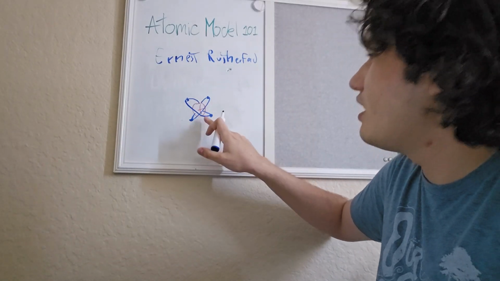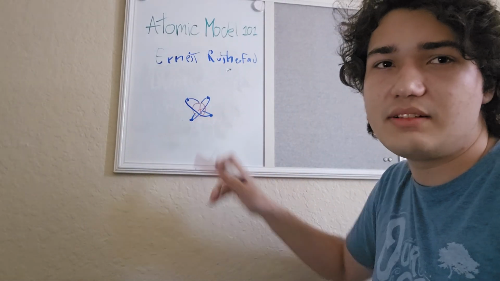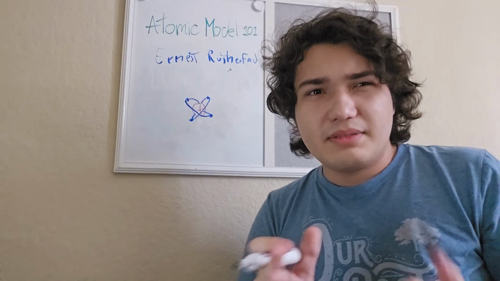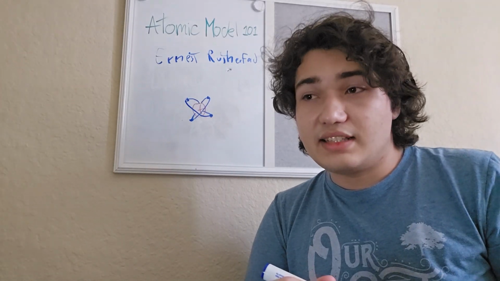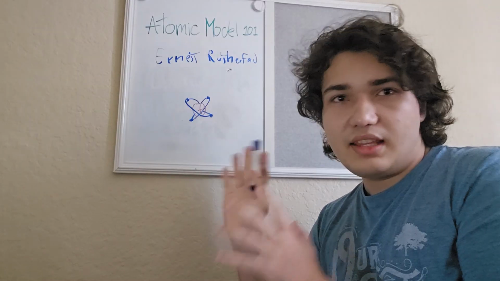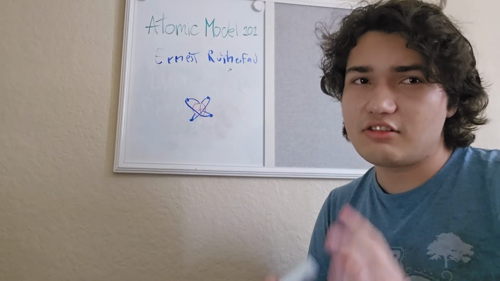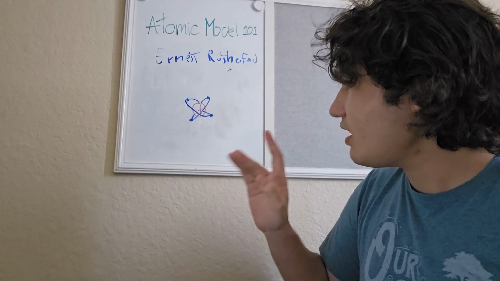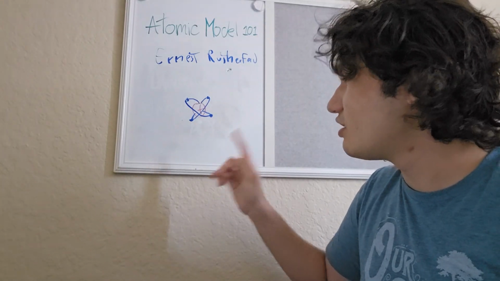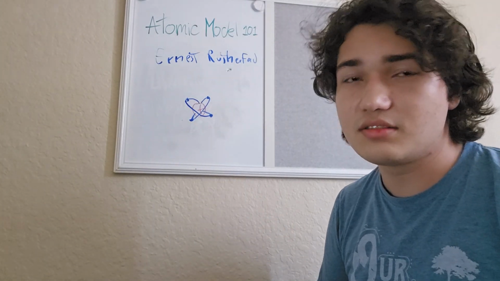And as you can see there, I've represented it with a positively charged core. I've seen places that say that the core will be made of protons and neutrons at the time. However, I cannot confirm whether or not neutrons and protons were discovered at the time, or at least not neutrons.